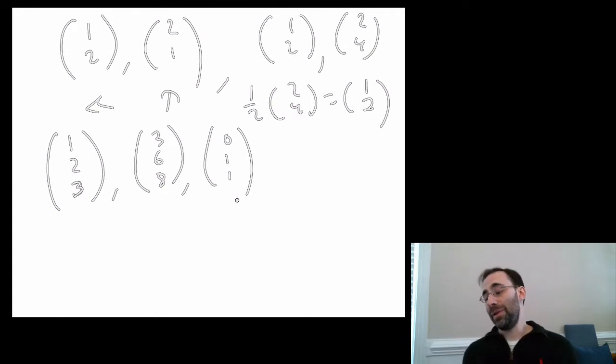Now, at this point, you might be wondering, whoa, this seems actually kind of difficult, right? How do I just know this by looking at it? Because if I look at these three vectors right here, it's clear that no multiple of any one of them directly forms a different one, but it's less clear that no possible combination of two forms a third one, because I can do things to combinations, right?